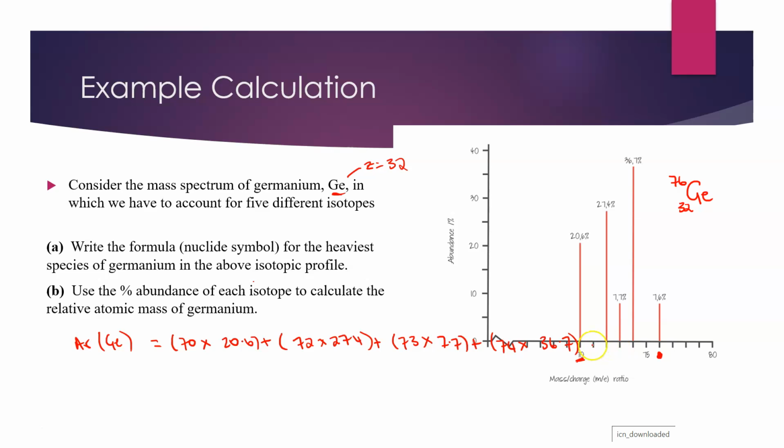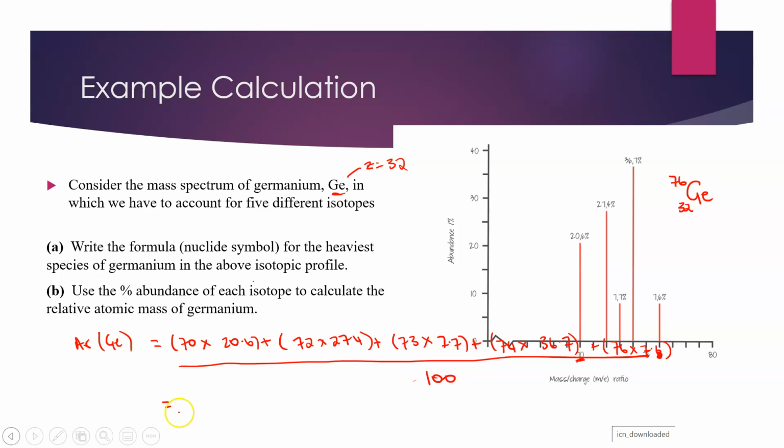And then our last one, which is going to be 76 multiplied by 7.6. And then we're going to divide all of that by 100. So have a go, put this into your calculator and check the answer when you return.